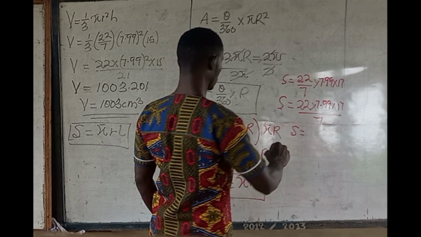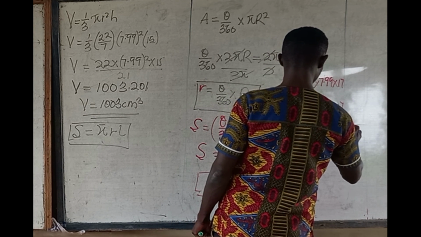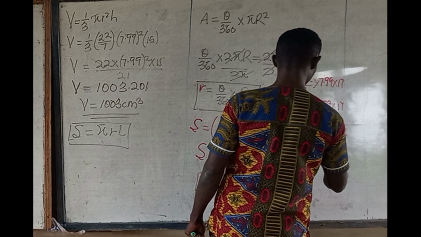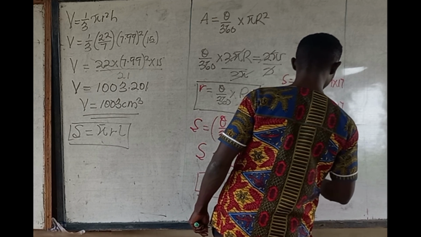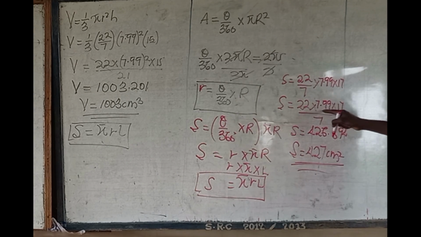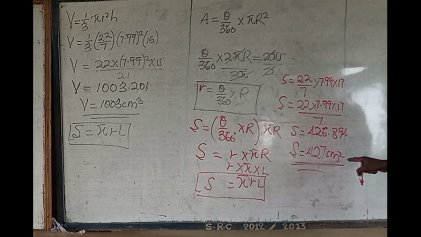That is 426.894, so it will equal 427 centimeters squared, because it is area. The radius here should be in centimeters, and the slant height also should be in centimeters. So centimeters times centimeters will give you centimeters squared.